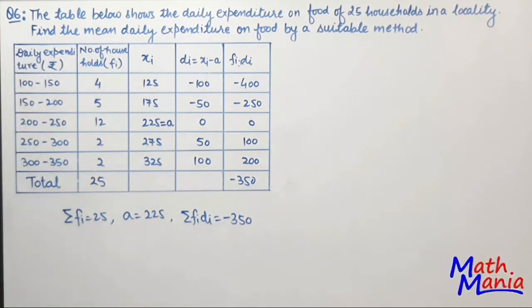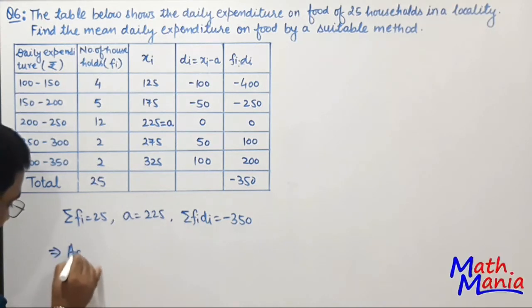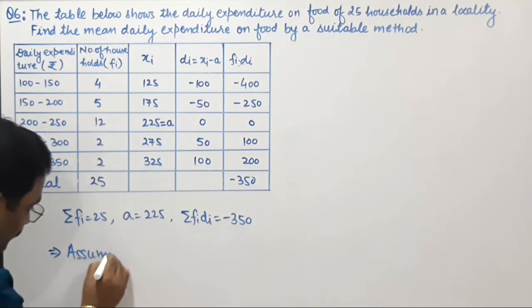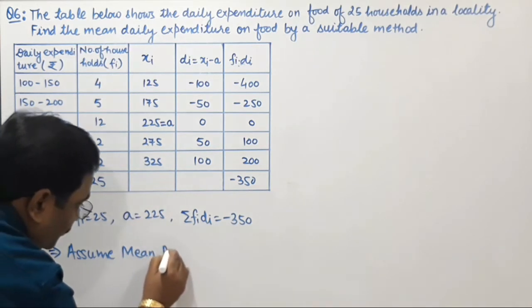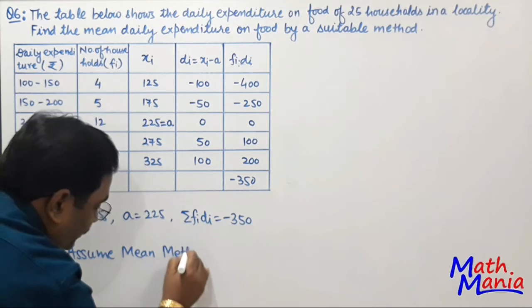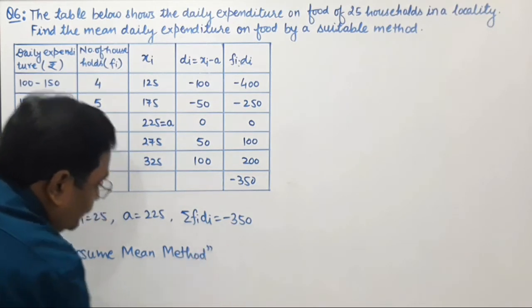And in this question, we are going to use the assumed mean method. Which method? Assumed mean method to find the mean. Right, friends?